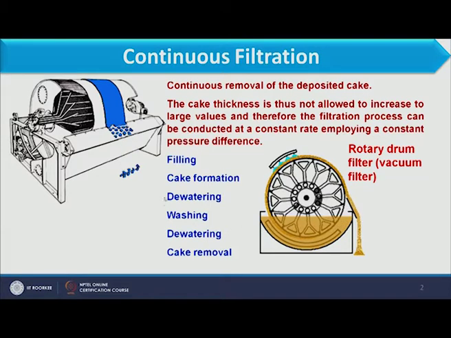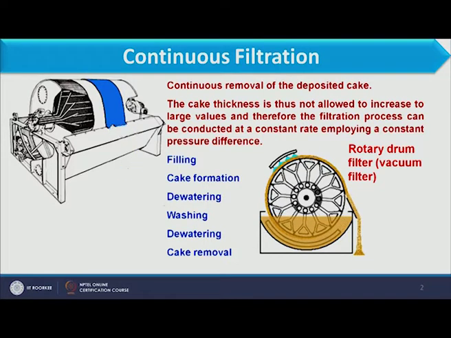So you see, all these steps are involved in the batch process and also in the rotary process. All the steps involved in batch are covered in a single rotation of the rotary drum, or continuous filtration.